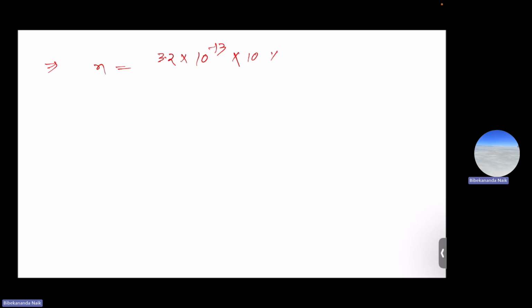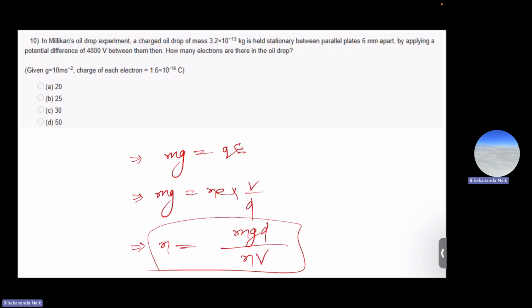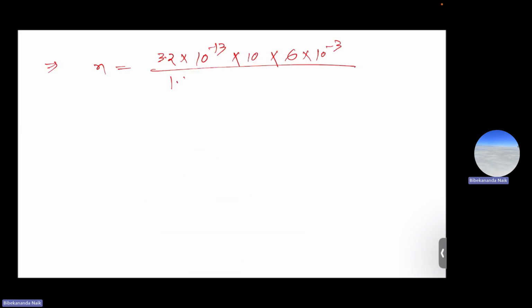It is 6 mm apart, so it is 6 into 10 to the power minus 3, divided by e times V. So e is 1.6 into 10 to the power minus 19, into V, V is 4800.